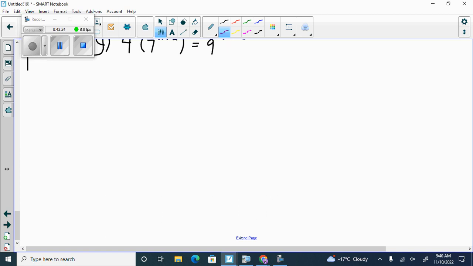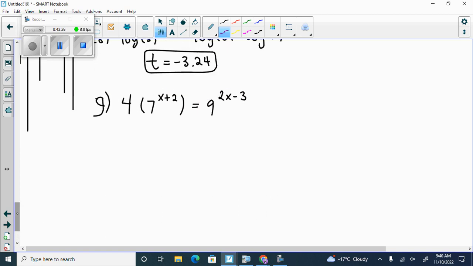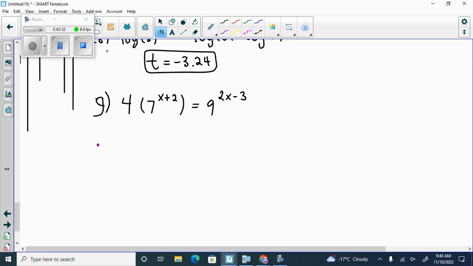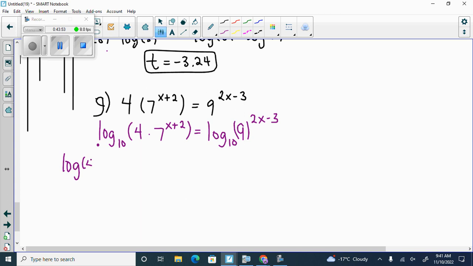So we have to log base 10 both sides. And I always put the multiplication symbol in there to remind me that I need to separate two multiplication dealios. So I separate multiplication by addition, so I get log of 4 plus log.